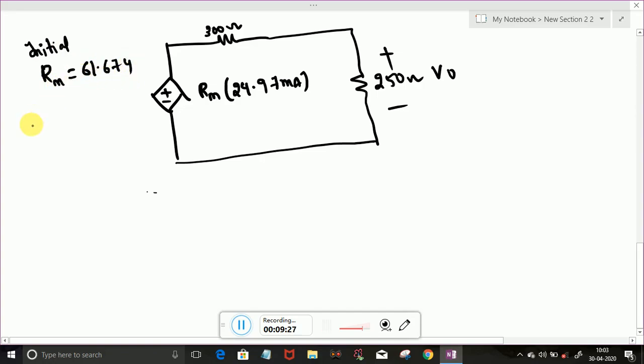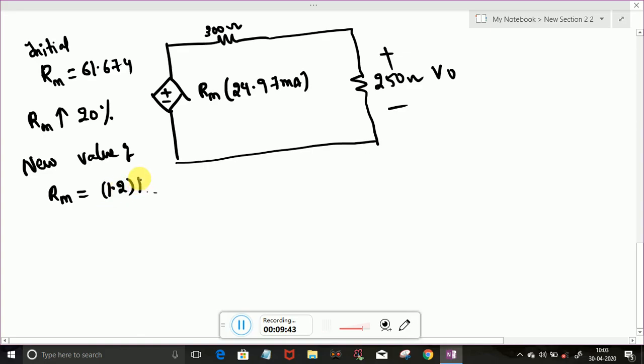Initial Rm equal to 61.674. Now given that Rm is increased by 20%, the new value of Rm will be 1.2 times Rm initial or Rm old, which is 1.2 into 61.674.